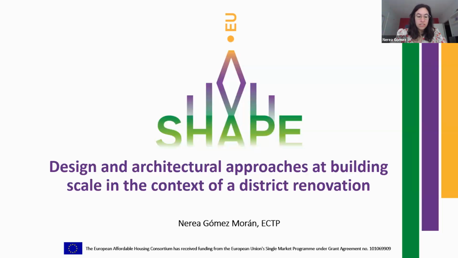And one of these topics is the one I'm going to introduce now, which is about design and architectural approaches at building scale in the context of district renovation. This topic is being addressed from two different perspectives, one in the implementation blueprint and the other one, which I'm going to focus on today, from the technical perspective.